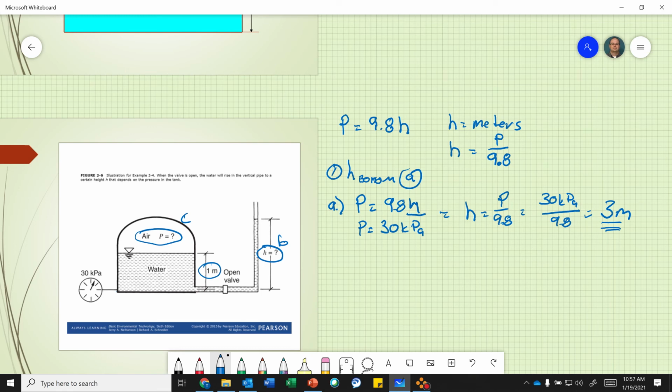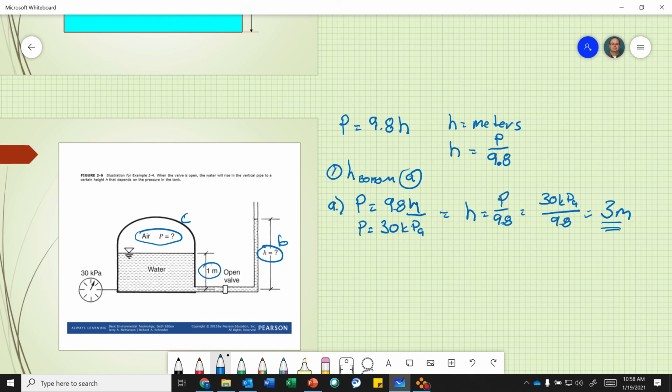So B, once I open this valve, is, let's see, A, the pressure head of water at the tank bottom. So that is 3 meters.